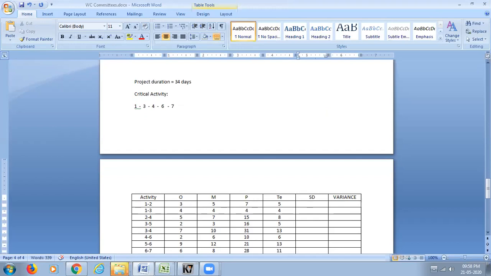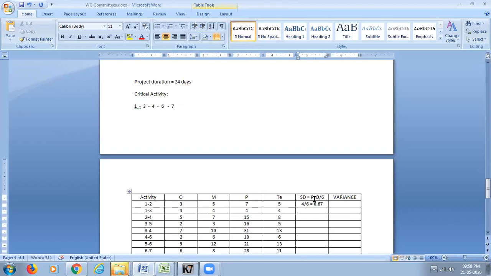Standard deviation, there's a simple formula. Formula is P minus A divided by 6. P is pessimistic, or B, A is optimistic, or O. P minus O by 6, which is 7 minus 3, 4 divided by 6, which is 2 by 3, is 0.67.